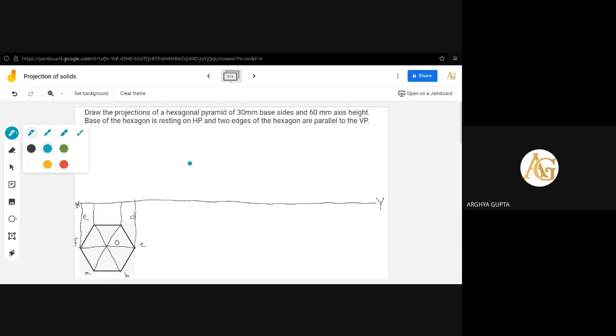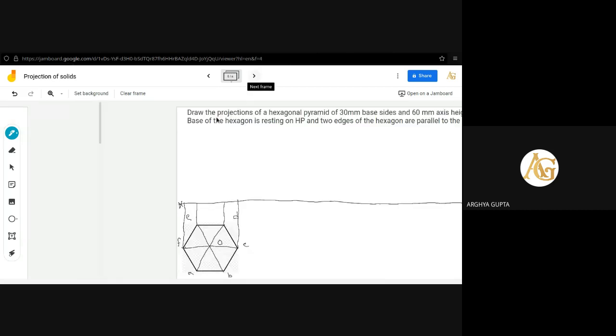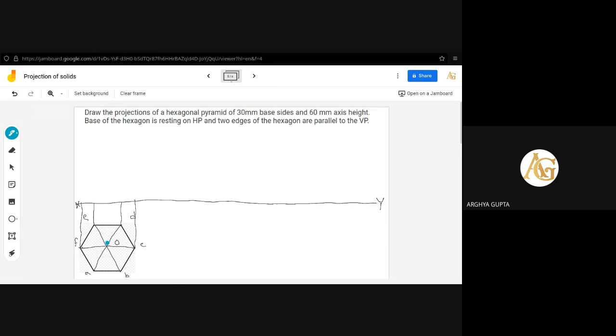Now, to get the axis, height cannot be taken from anywhere, isn't it? Height can only be taken from the geometrical center point. So from O, you need to draw a projection line up to the ground line.